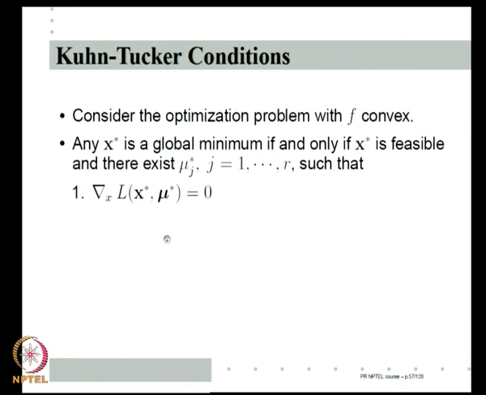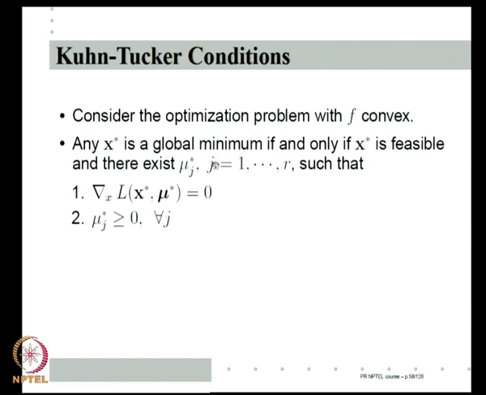One is that the gradient with respect to x, the first vector variable of the Lagrangian (the Lagrangian is a function of x and the Lagrange multipliers mu), evaluated at x star, mu star is 0.